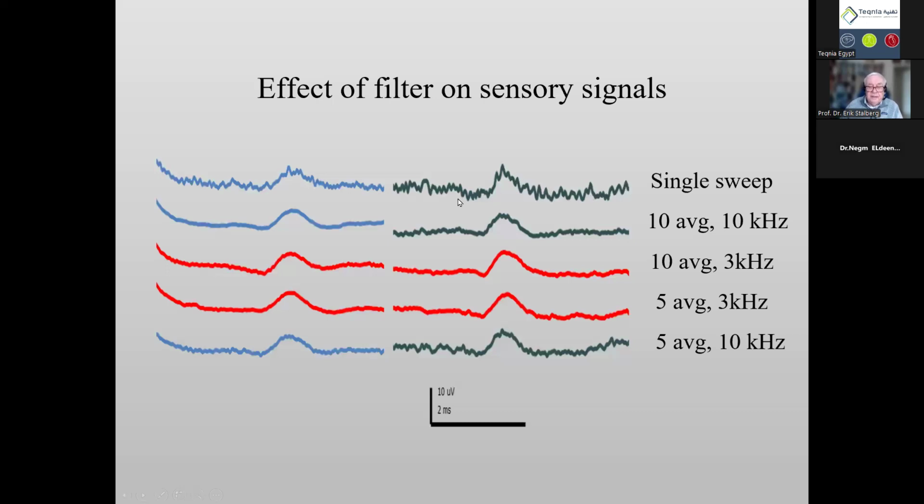And if we remove the disturbing signals, then you can get much nicer signals by just using a 3 kilohertz cutoff. So change your filters from 10 kilohertz to 3 kilohertz in your amplifier. Cut off everything above 3 kilohertz.